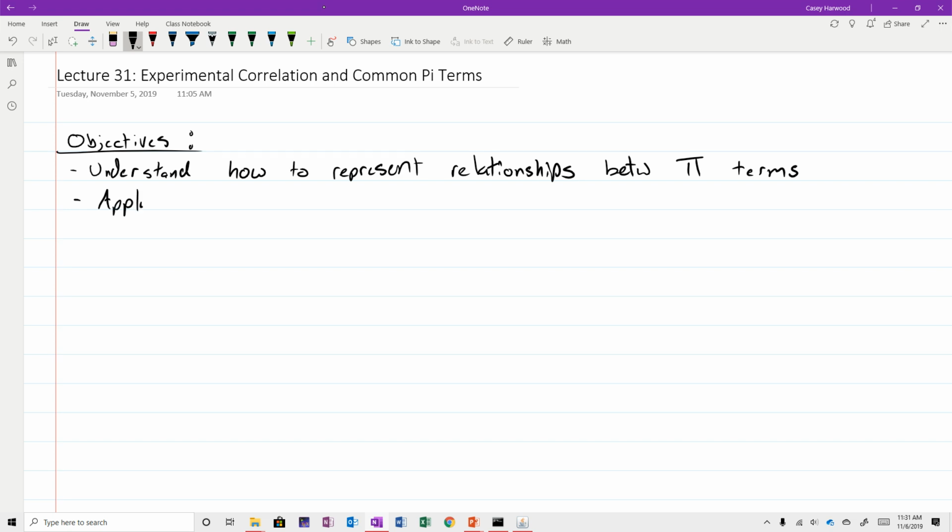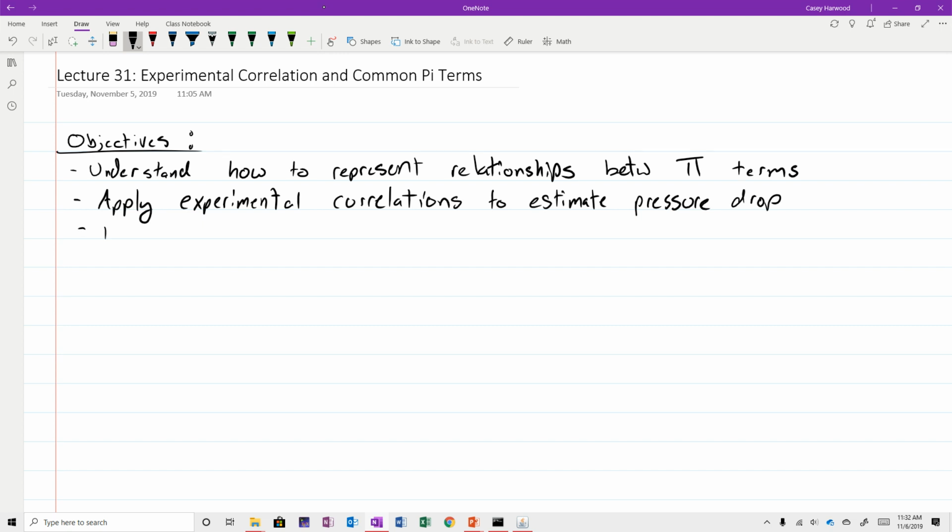We'll apply experimental correlation to estimate, in this case, we're going to return back to our pipe flow example at some point.